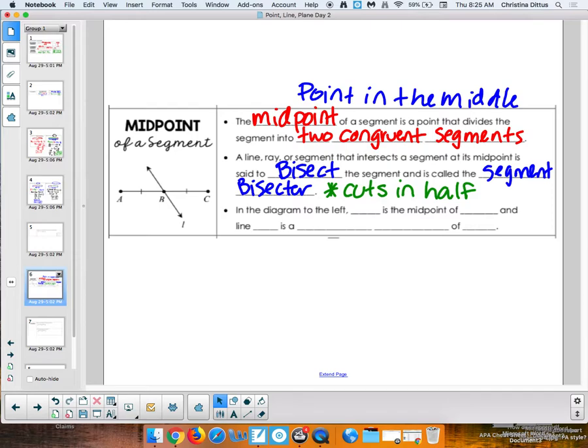Okay, so the diagram to the left, B is the midpoint, like we said. B's right smack dab in the middle. And it's the midpoint of AC. Okay? It's in between these two. That's the one that's marked. So it's the midpoint of AC.